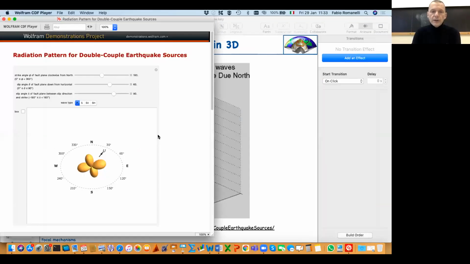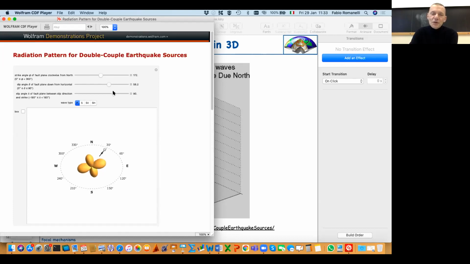Okay, let me try to share my screen again. Do you see something? Yes. So if you want to download the same, this is free, just a way to visualize it. What you can do is to change the strike. You can change the dip.